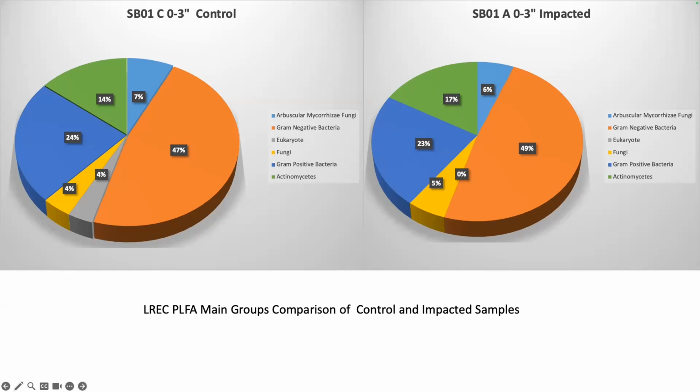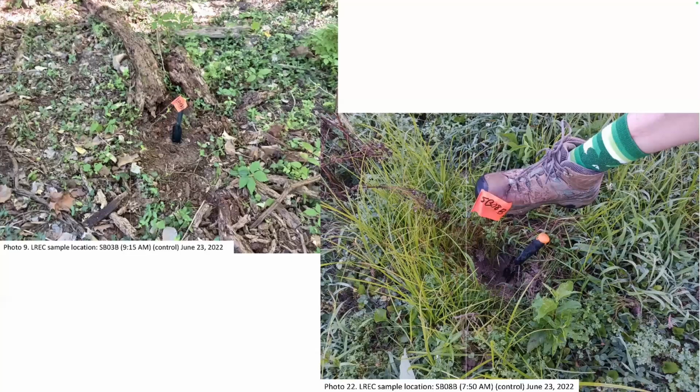You have a lower biomass there, but it's about the same composition, other than your eukaryotic cells, the big guys, the bugs that crawl around in there. There's zero in the impacted zone. So that was a big difference in total mass. Yeah, there wasn't much living out there, given the organic content and all.